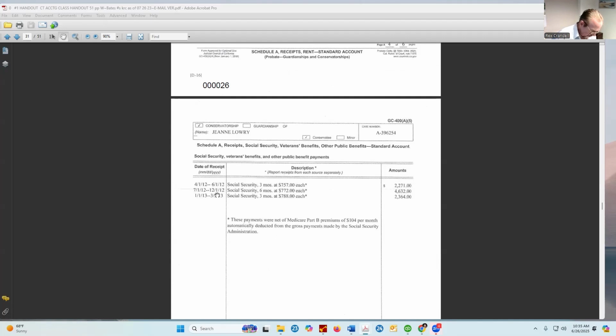Another distinction is that it says there that the amounts showing here are net, net of Medicare Part B. As a fiduciary, you're only responsible for the money that you're able to control. So if the actual Social Security was 1,000 a month and the other part was Medicare you didn't get, do not list that total grossed-up number because you can't do anything with it.